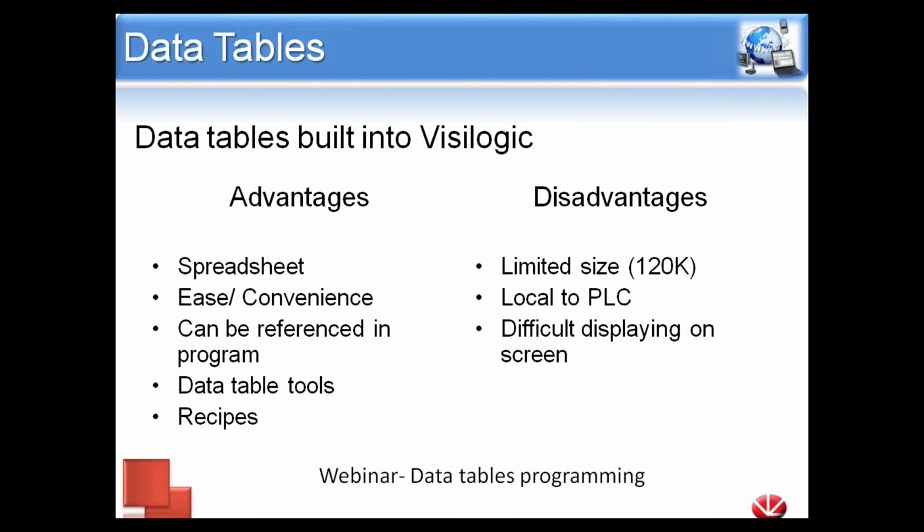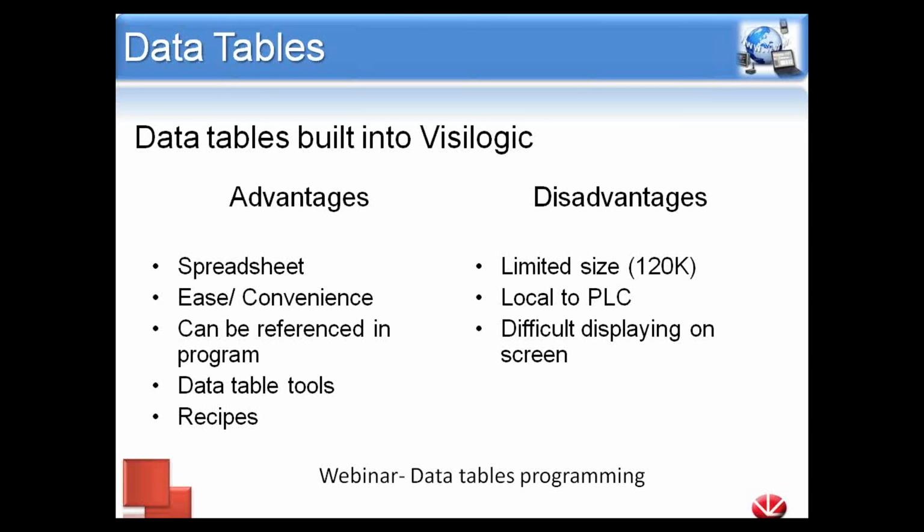The next form of data logging that I would like to discuss would be data tables. Now, data tables are built into VisiLogic, and they are in spreadsheet format. The advantages of the built-in data tables to VisiLogic are that they are very easy and convenient to set up in the ladder. They can be referenced in the program, meaning once they are in the data table, they can be recalled and the data can be used in the program.